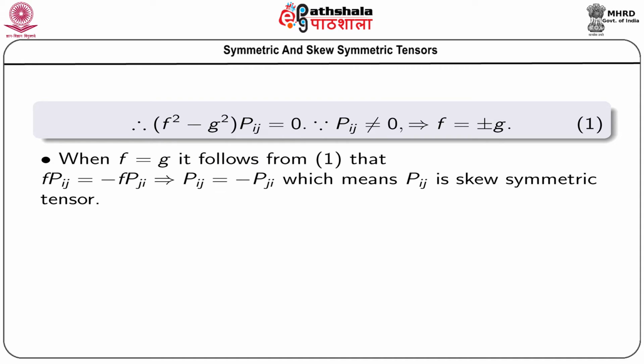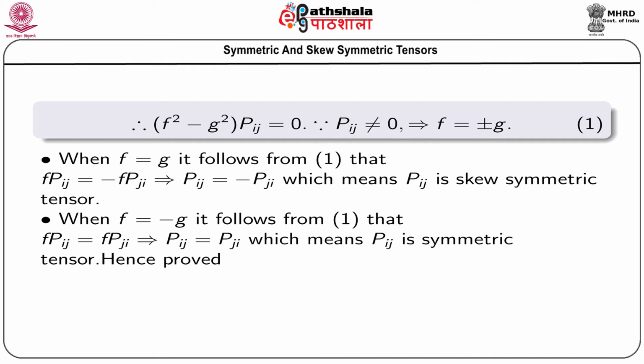Now, when f equals g, it follows from 1 that f Pij equals minus f Pji. That means, when f equals g, Pij is a skew symmetric tensor. When f equals minus g, it follows from 1 that f Pij equals f Pji, which implies that Pij equals Pji.